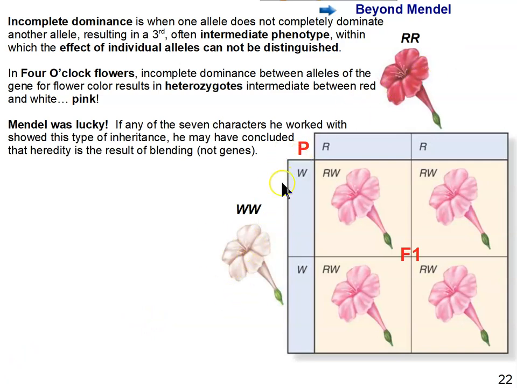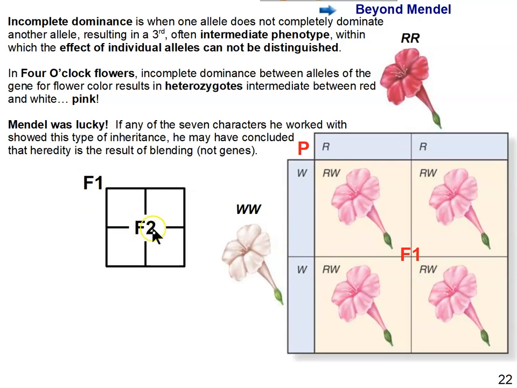We're starting with pure parents, pure red and pure white, and the offspring are all heterozygous in the F1 generation. And now let's take a look at what happens if we go on from the F1 generation to the F2 generation using a Punnett square.